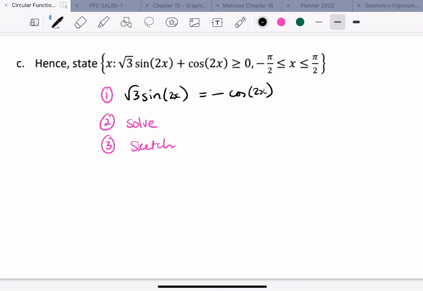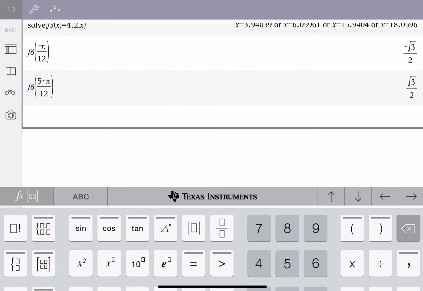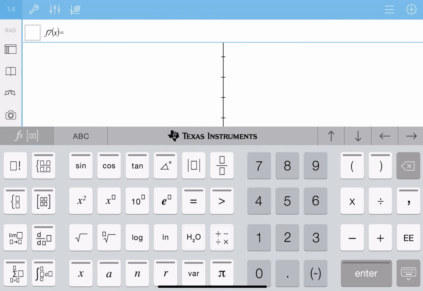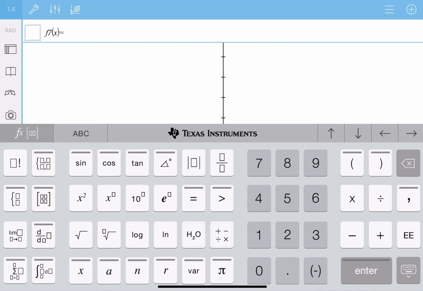We've actually already found what the solution of this is. That's negative pi on 12 and 5 pi on 12. Now, how does this apply when we sketch? So I'm going to go ahead and sketch this on the CAS calculator. I'm going to add another graphs page, and we're going to type that in.